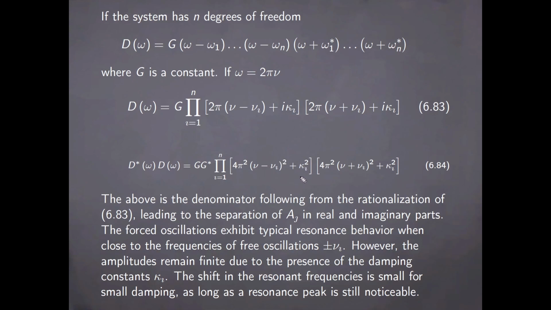So as you see, again, it's a generalization of what we had seen when we looked at the damped driven harmonic oscillator. So the shift in resonant frequencies is small for small damping, as long as a resonance peak remains noticeable.